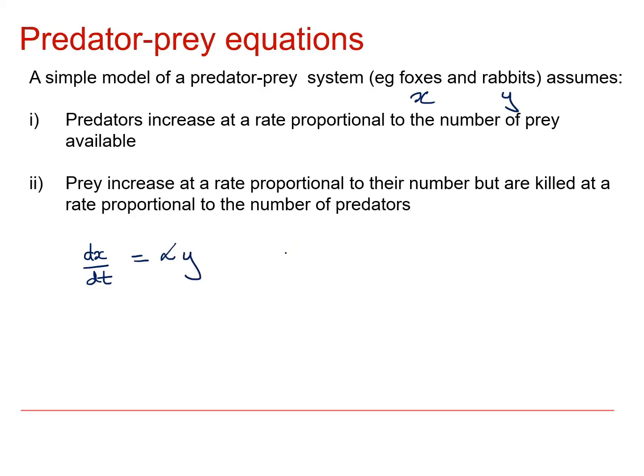And for the second assumption, dy by dt is equal to, well, they increase at a rate proportional to their number, so that's some multiple of y, but they're killed at a rate proportional to the number of predators, so that's minus some multiple of x. And these constants, alpha, beta and gamma, I'm going to assume are all greater than 0.